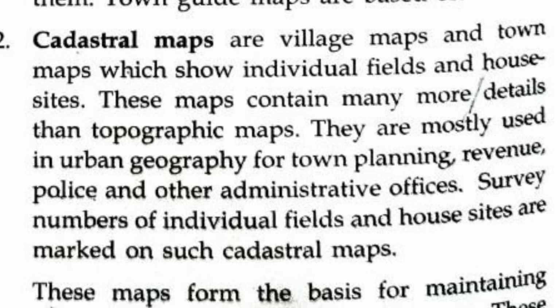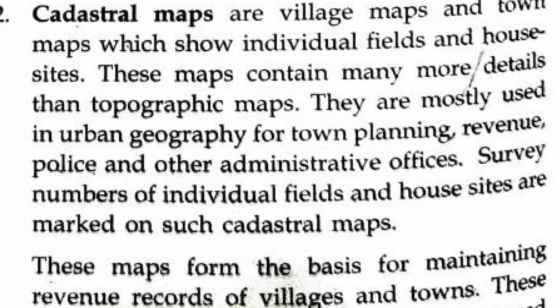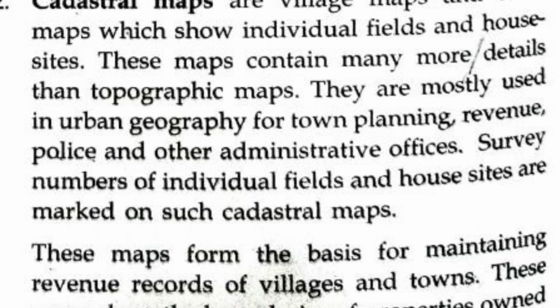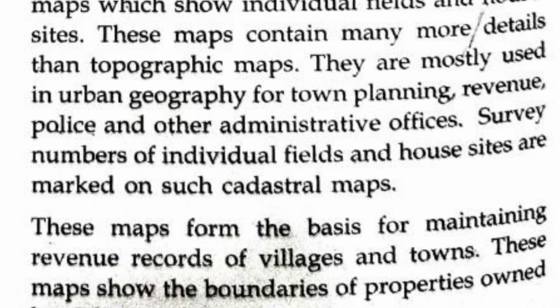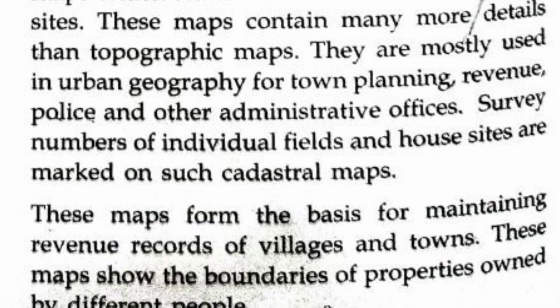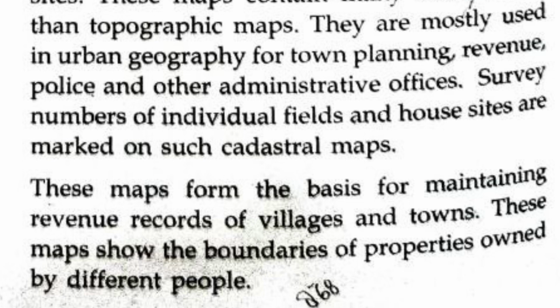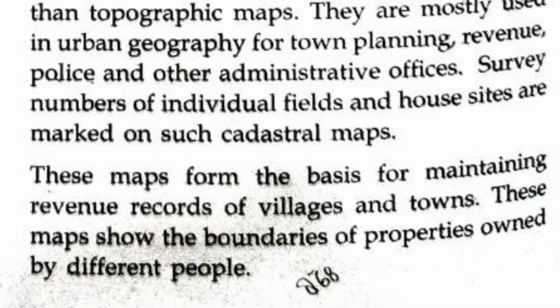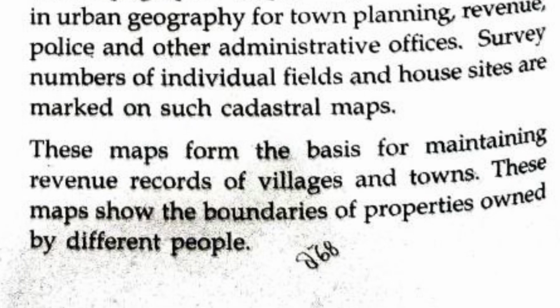Survey numbers of individual fields and house sites are marked on such cadastral maps. These maps form the basis for maintaining revenue records of villages and towns. These maps show the boundaries of properties owned by different people.